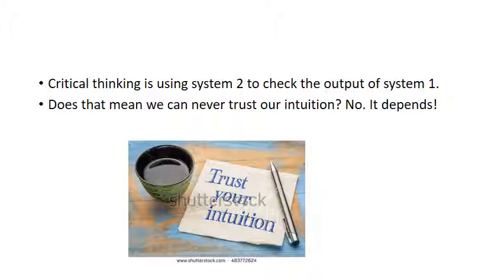And that guideline of critical and scientific thinking seems to be in strong contradiction with the vague advice you hear in modern popular culture, that you should trust your intuition, that there's some kind of wisdom in our intuition and that we should follow it.